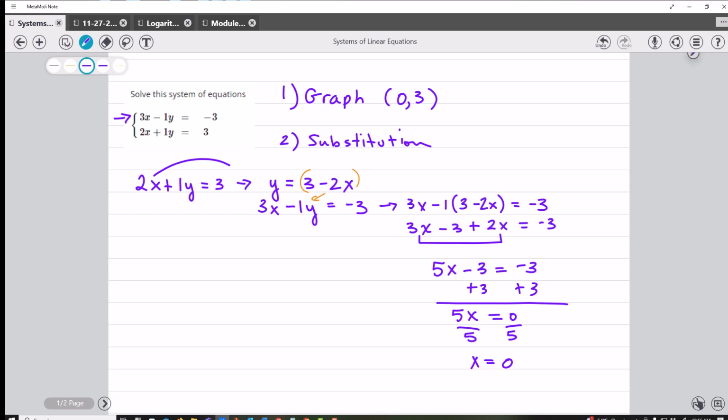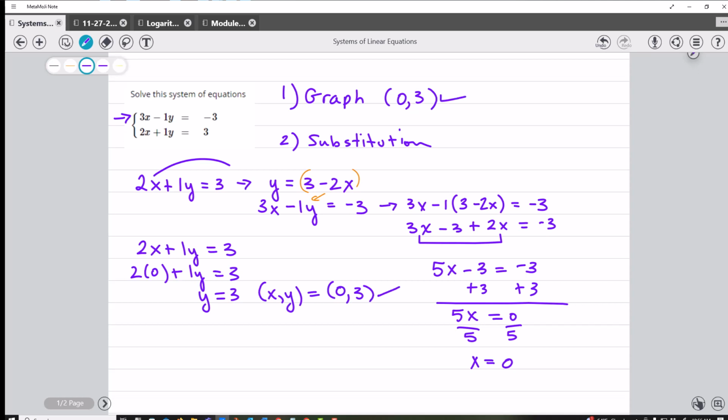So I can go back to 2x plus 1y equals 3. When x equals 0, 0 plus 1y equals 3, we can see y equals 3. So my x comma y equals 0 comma 3, which matches my graph.